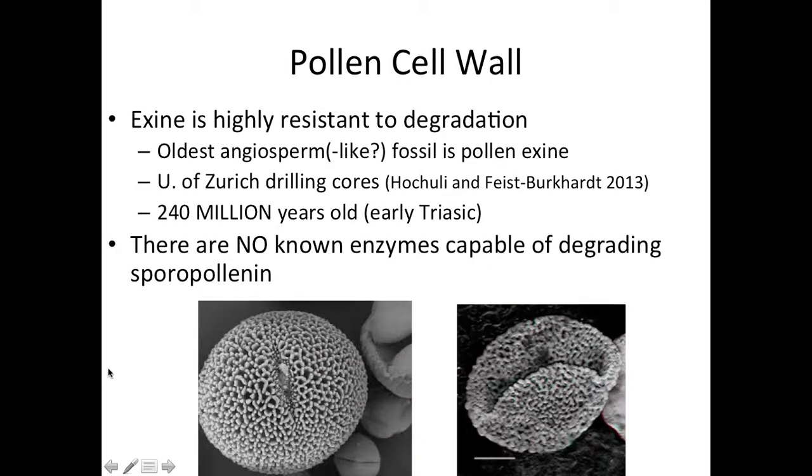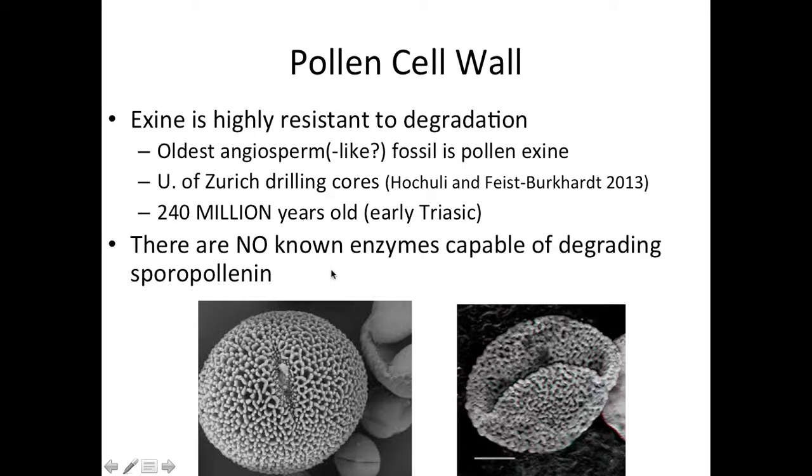This was actually fairly recently discovered in Sweden. This is the oldest fossil of an angiosperm, or at least something that is angiosperm-like. These are the same pollen: this is when it was first pulled up, and then they hydrated it, and this is what it looked like hydrated.